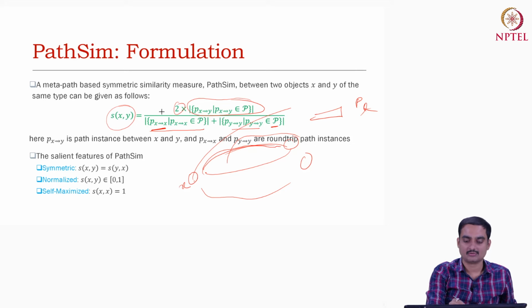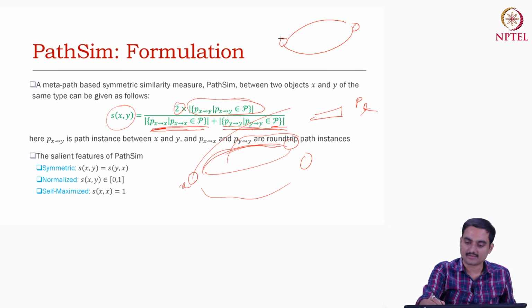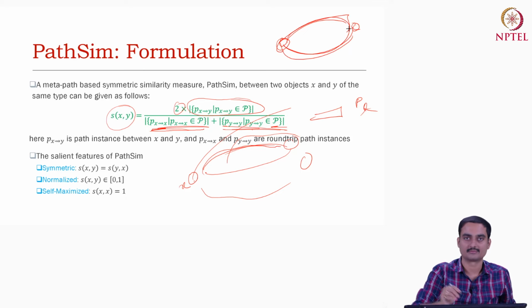Okay, and why the 2? Because when you count this one, you are basically double counting things. Because for y, let's say there's a round trip metapath like this. So for x also you are counting one time, for y also you are counting one time.